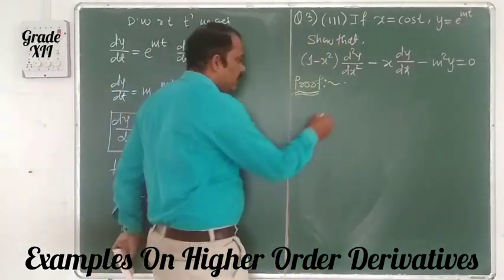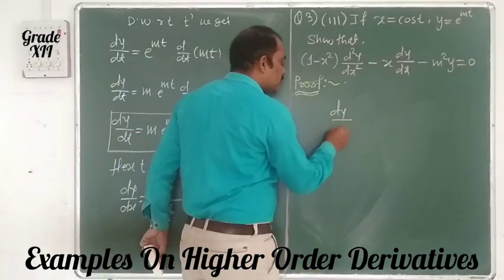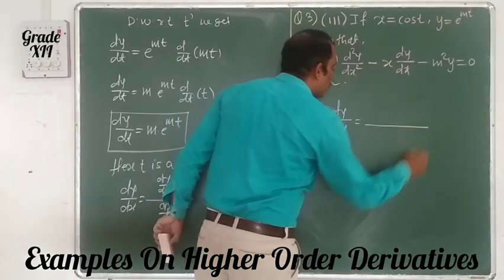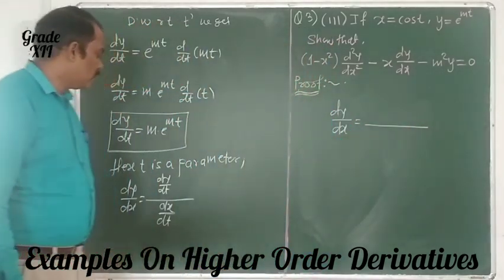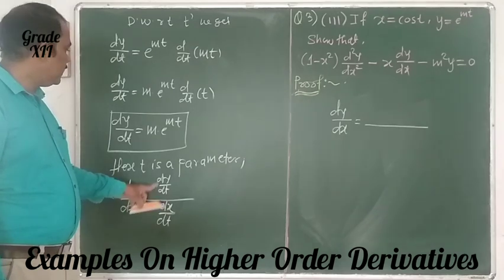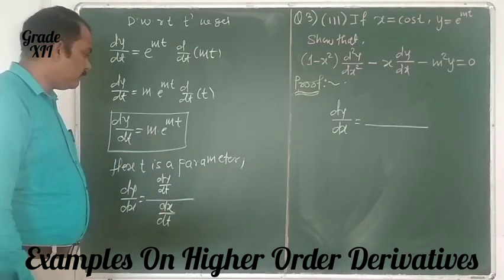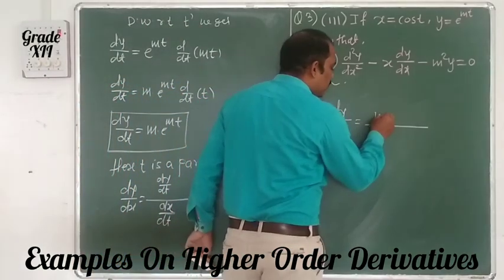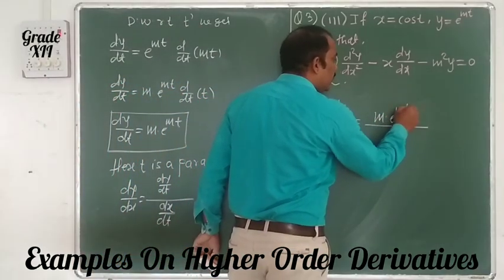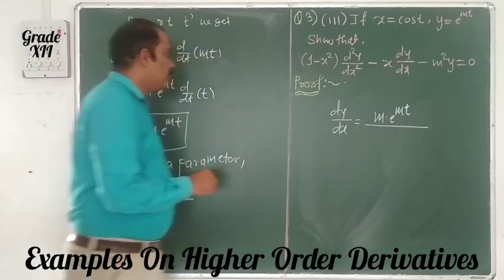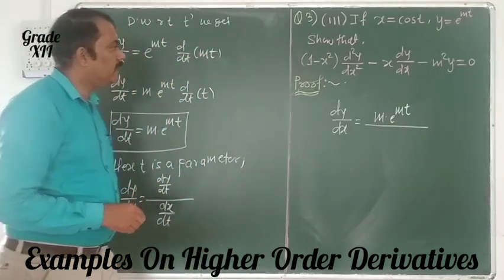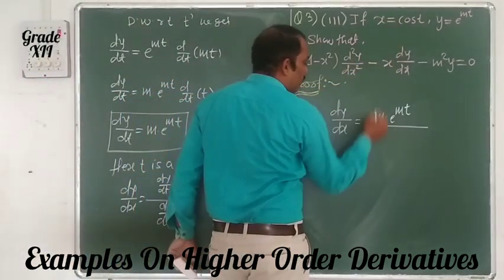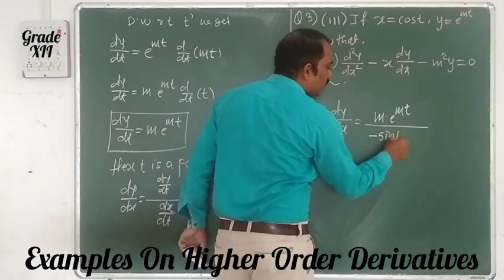So dy/dx is equal to dy/dt, which is m e^(mt), and dx/dt, which is minus sin t.